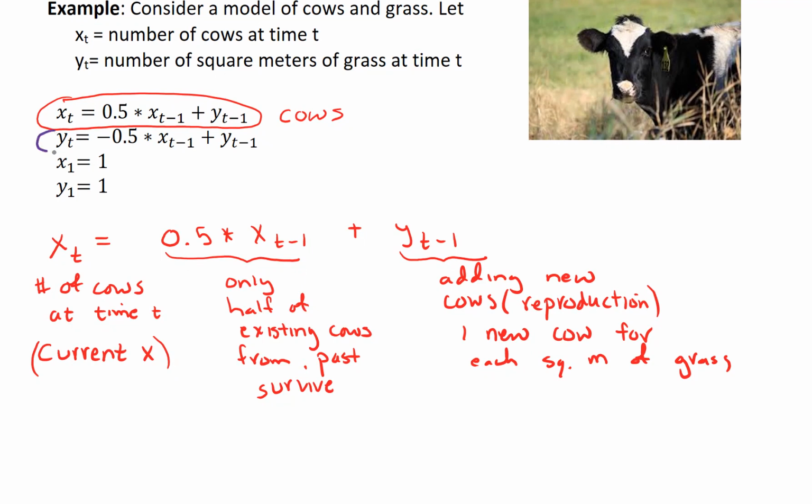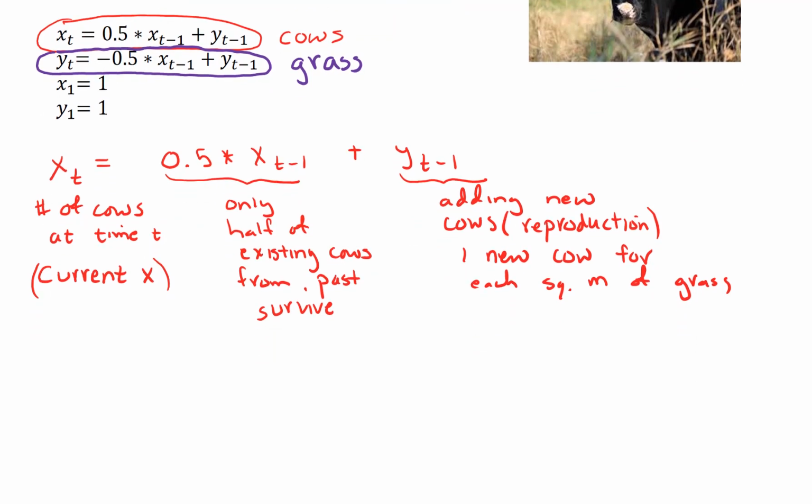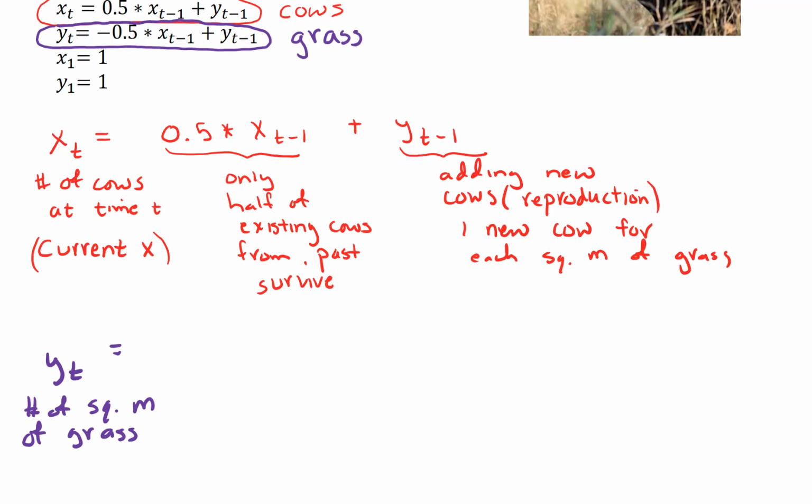This is y sub t, and this represents the number of square meters of grass that we have. So this is the food for the cows. Let's take a look at that equation. So y sub t is the number of square meters of grass, basically the current state of y.